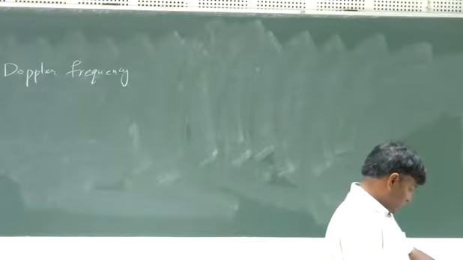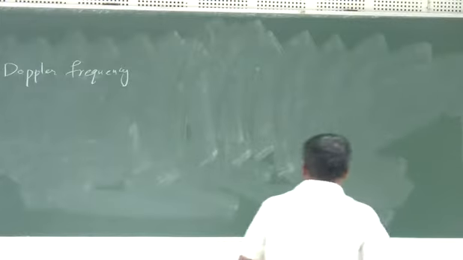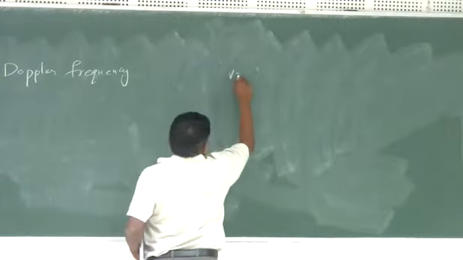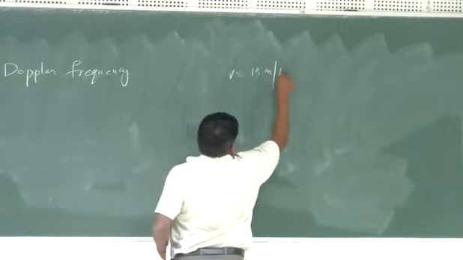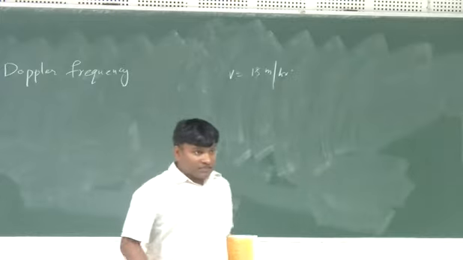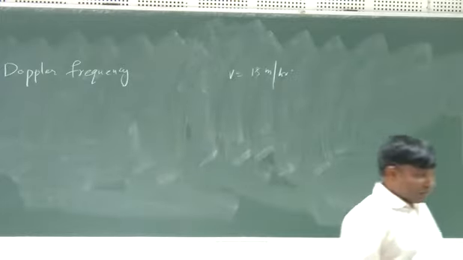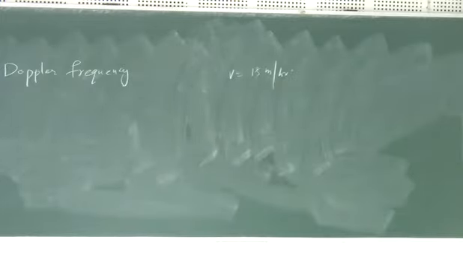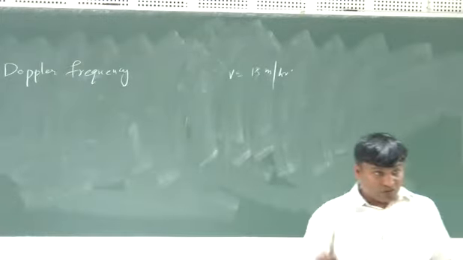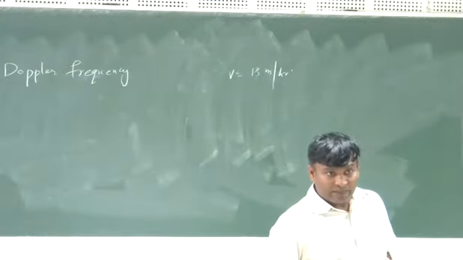The velocity is some miles per hour. That was for a moving receiver. So obviously, if you look at a vehicle moving at 40 miles per hour, the variations would be even more rapid.